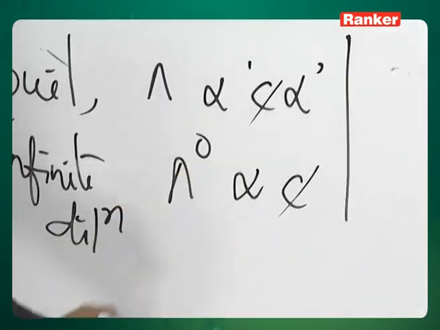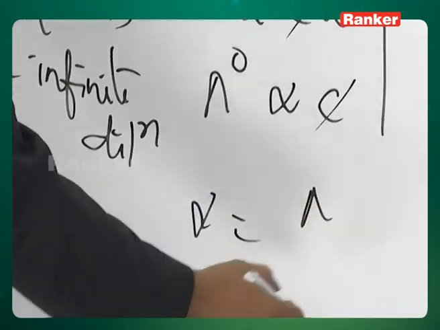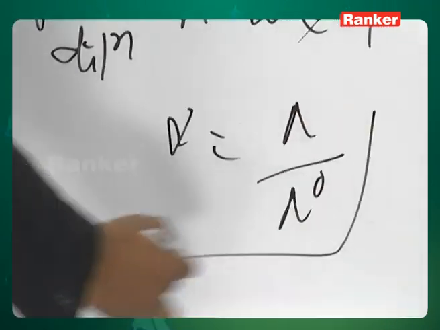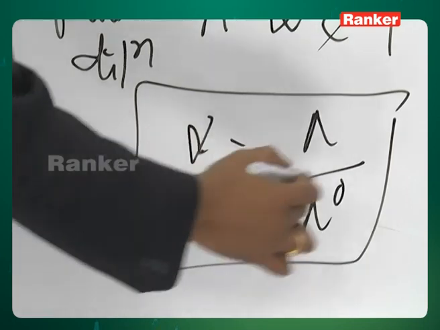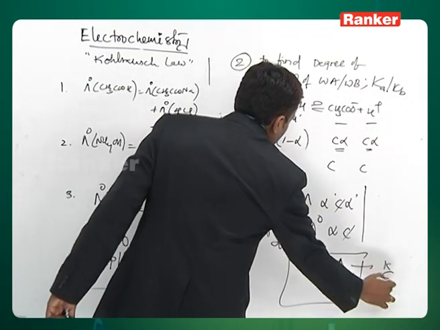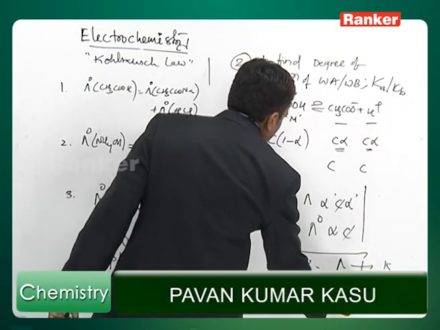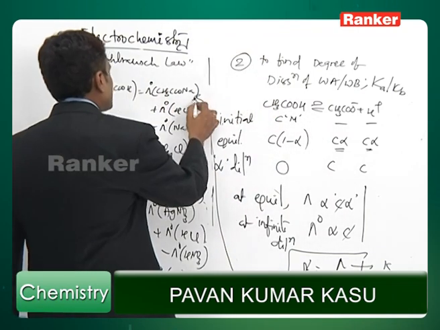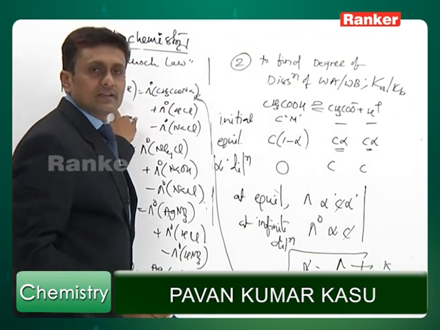You can see when I am dividing it, alpha is lambda upon lambda naught. So we will use kappa by C concentration to find out lambda, and we will use this relationship to find out the lambda naught of acetic acid.